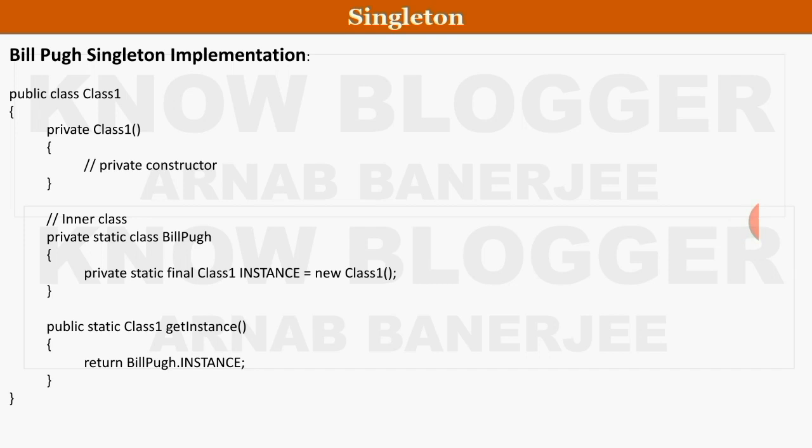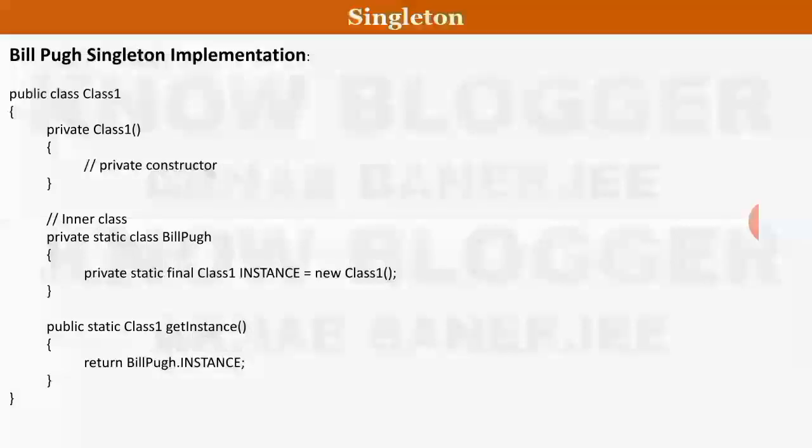But our motto is to allocate only one memory space. So we are using the static keyword. So now we have the static final, and it is private, so it is not going to be accessed by the outside classes. So let me describe the execution part.